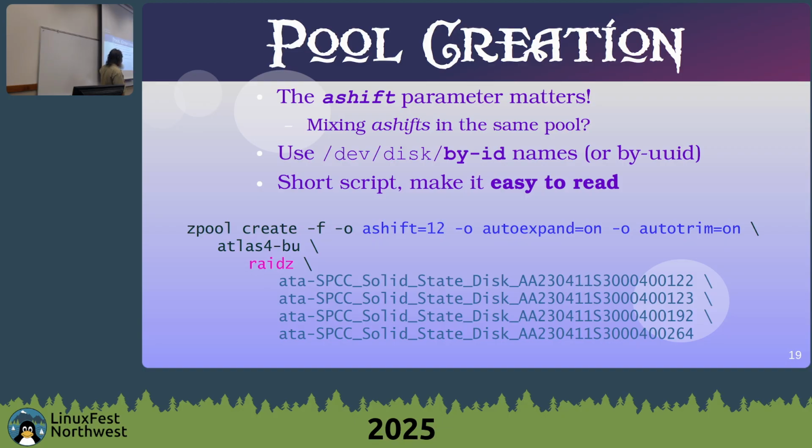The default for most drives is 9, 2 to the 9th is 512. Most SSDs, most consumer hardware is still using 512 sector sizes. Many enterprise drives and SSDs come with 4K sector sizes, and that's a shift 12.